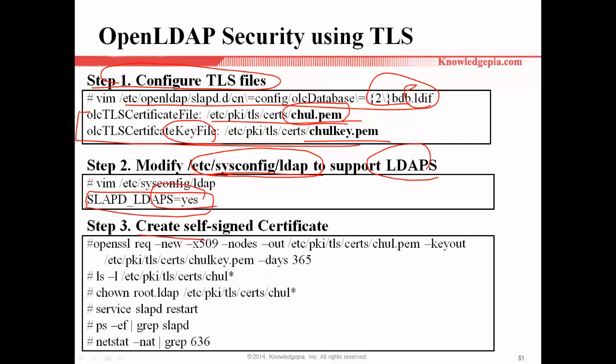Step 3, create a self-signed certificate. Using OpenSSL, we can create a request with the new X.509 format, no DES, and here char.pem, and the key also char key.pem, and this will be valid for 1 year.